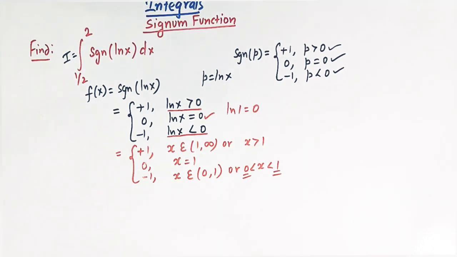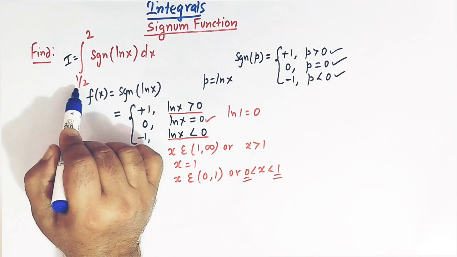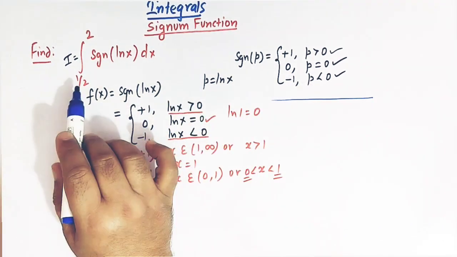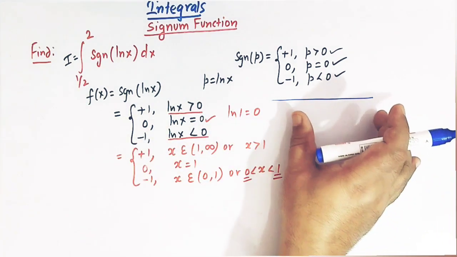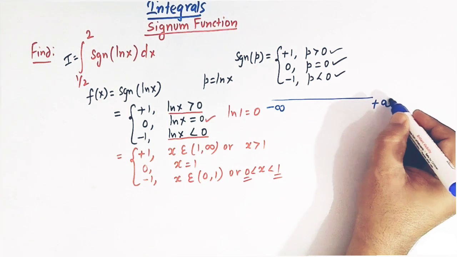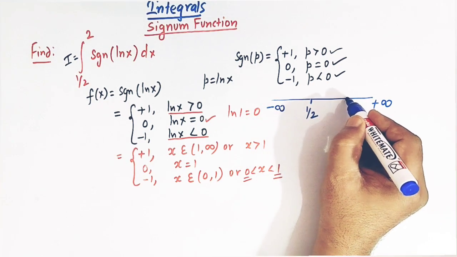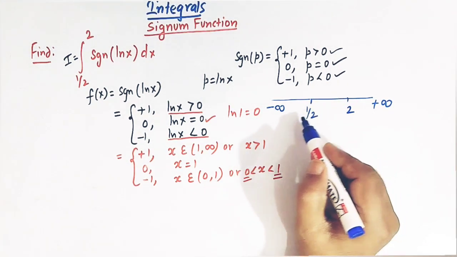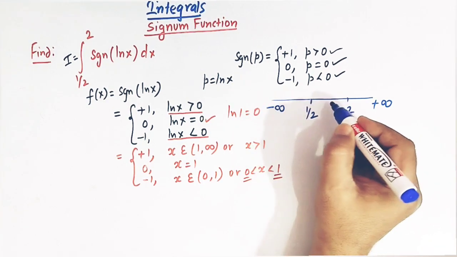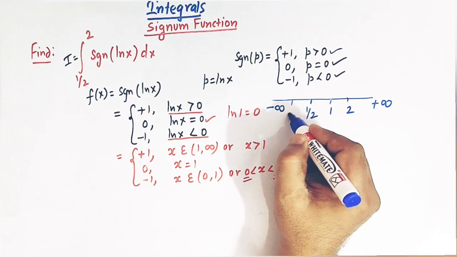Now see here, the limits of integration are from half to 2. Let us represent these numbers on the real number line. Here we have minus infinity, here we have plus infinity, and here we can take half, and here we have 2. Between half and 2, here we have say 1, and here we can take 0.